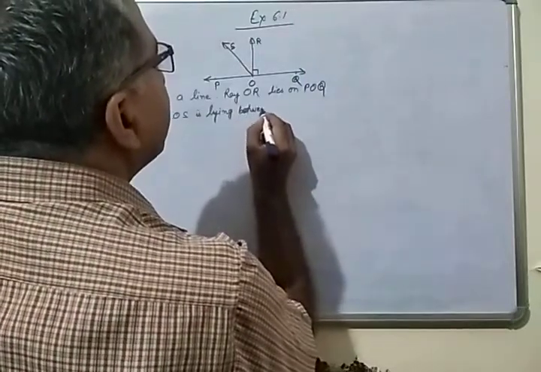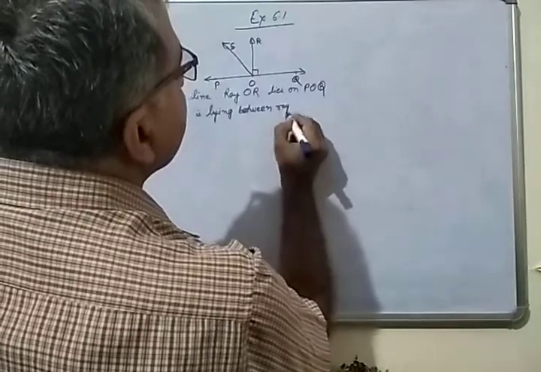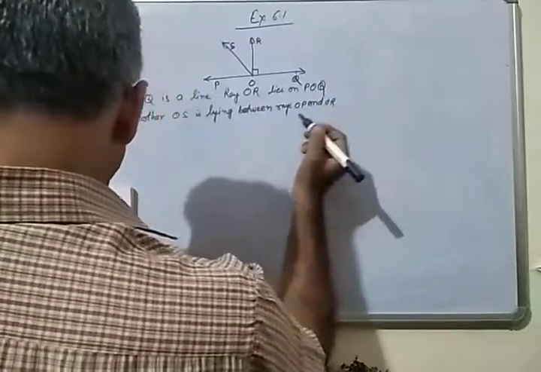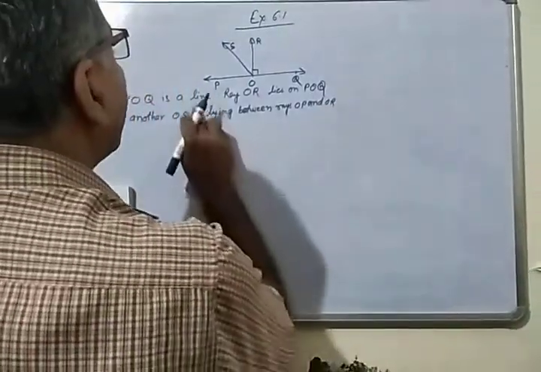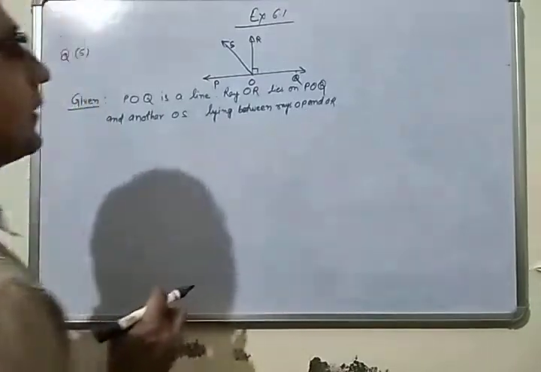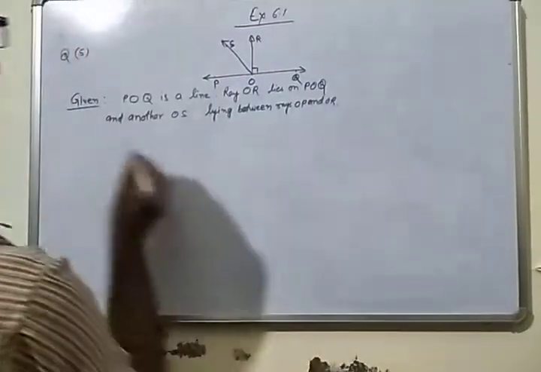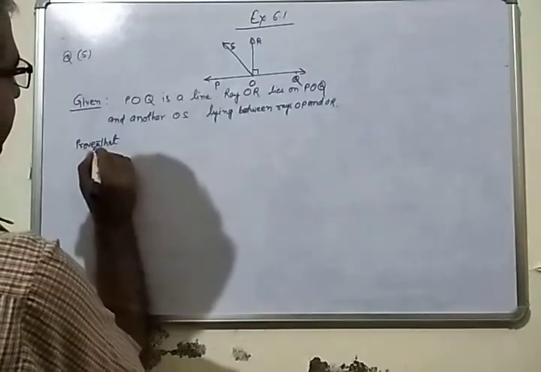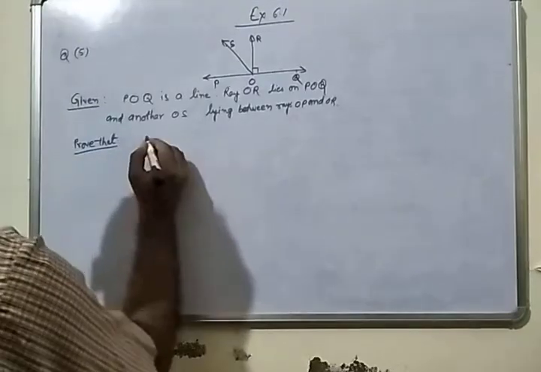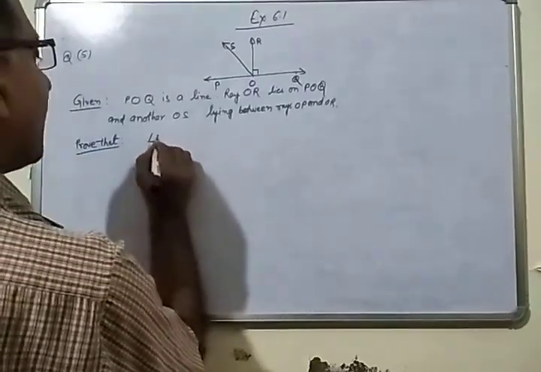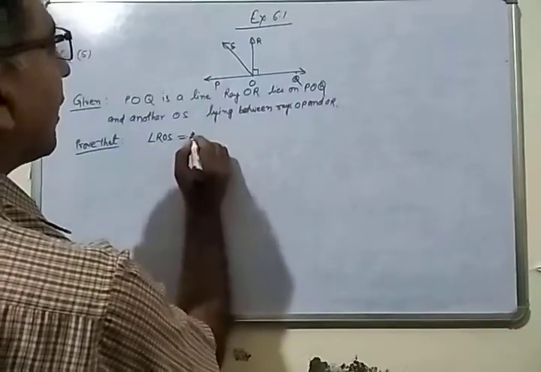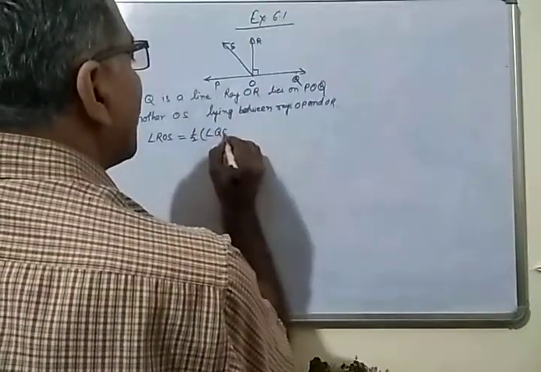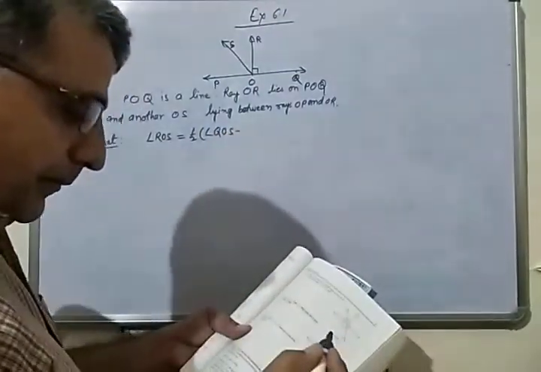Next point is to prove that angle ROS is equal to half into angle QOS minus angle POS.